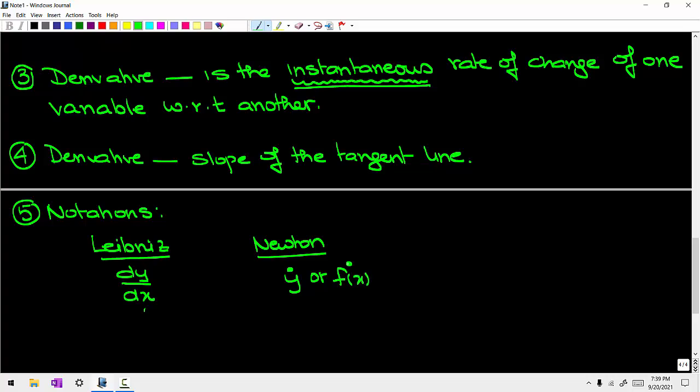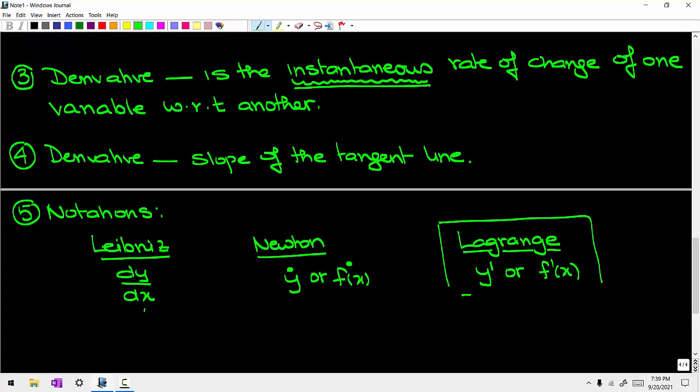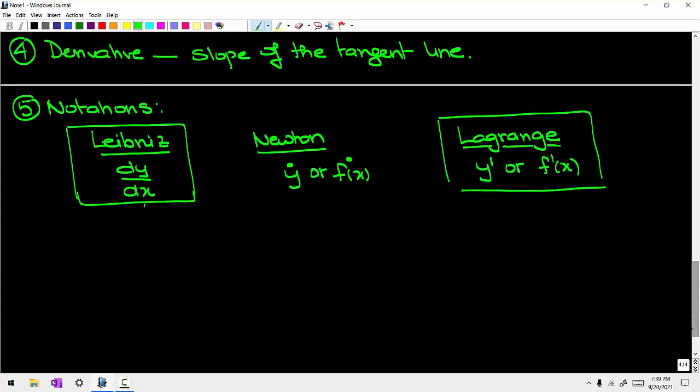Lagrange, another French mathematician, used the prime notation, y prime or f prime of x. That is the notation we will use the most. We will never use Newton's notation in class. We will use Leibniz every once in a while, but Lagrange is the one I will usually use. It's easier to write.